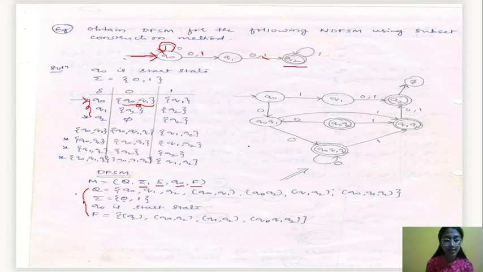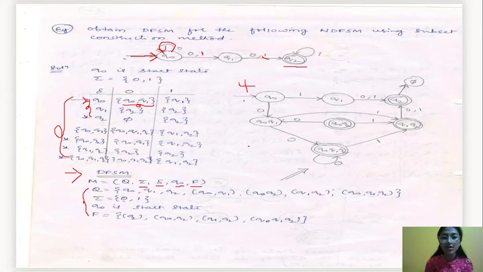After writing the third step, the final step is creating the transition diagram based on the transition table we got, with the new input states. We have to write all the newly obtained states here.